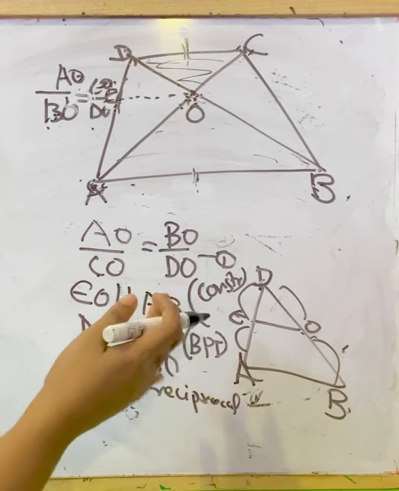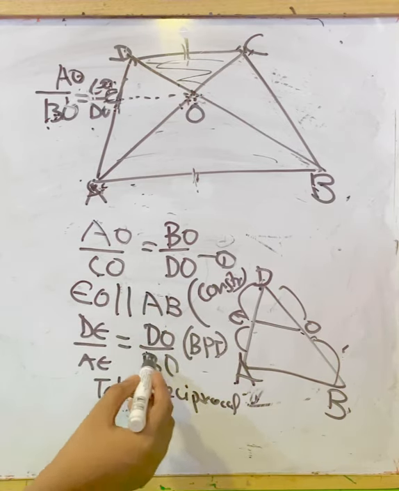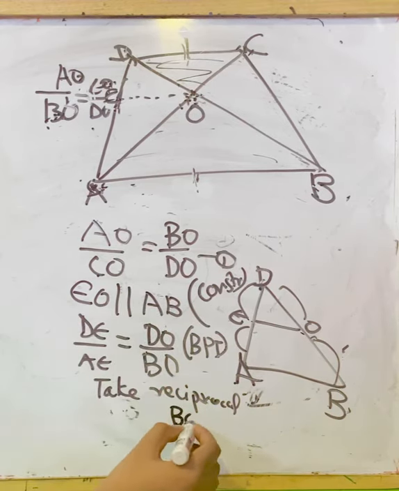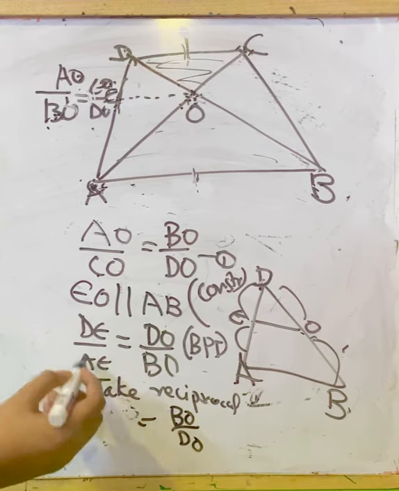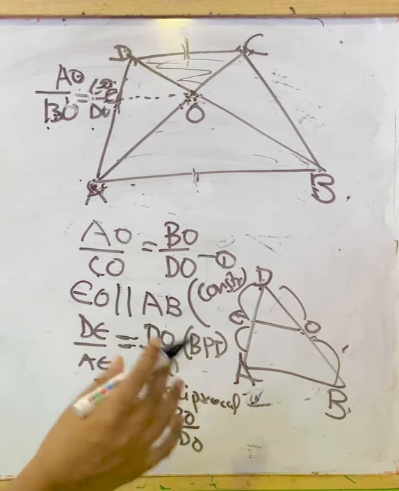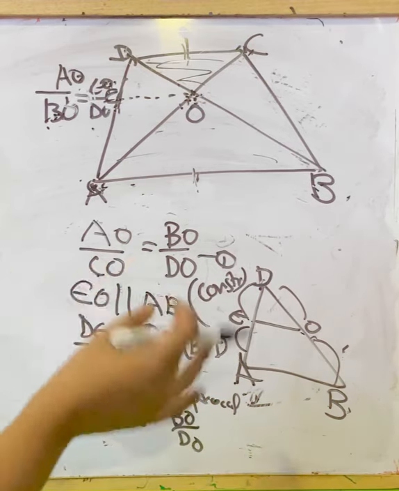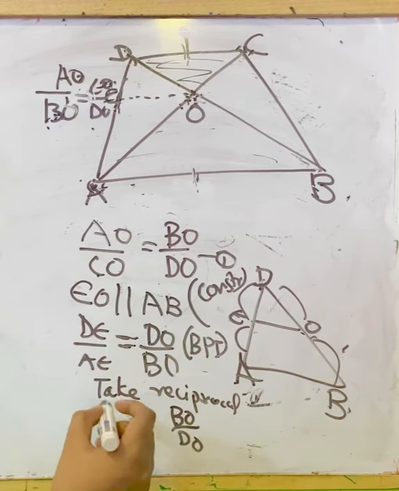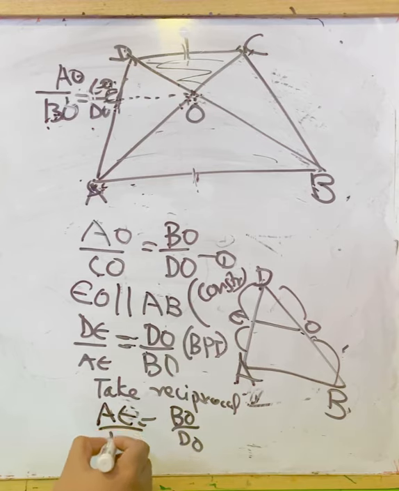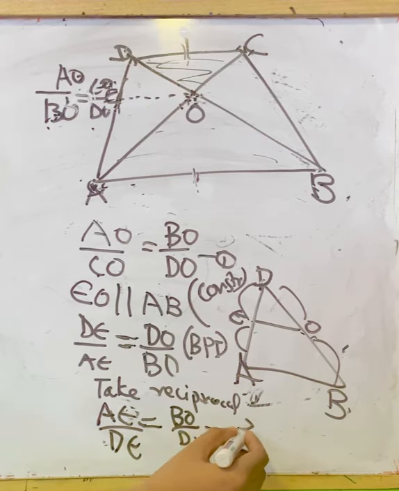We must make it equal. So taking reciprocal, this becomes BO by DO. And here also take the reciprocal. You can't take reciprocal on one side of an equation. If you are taking reciprocal on RHS, you have to take it on the LHS also. So this becomes AE by DE. Let this be the second equation.